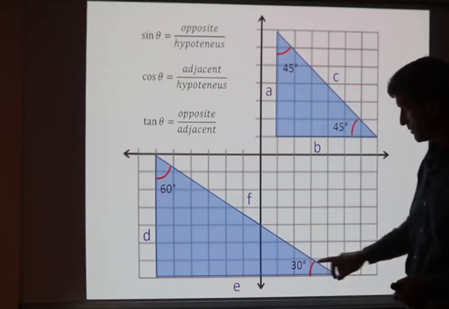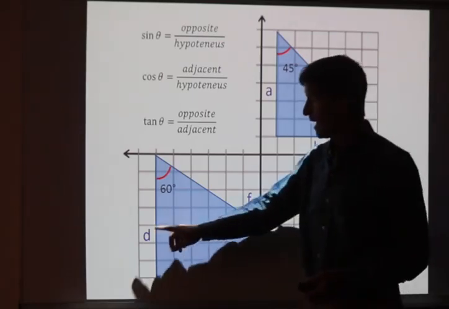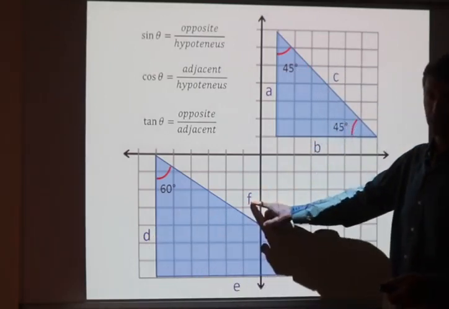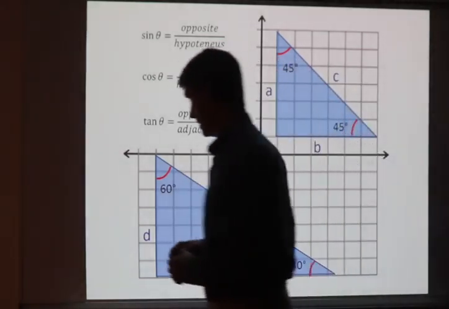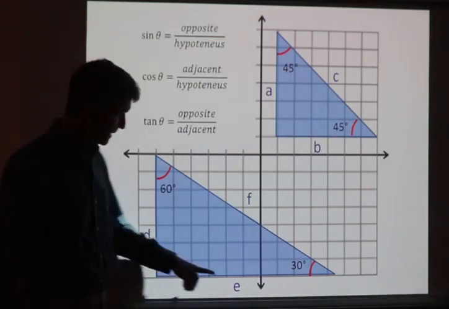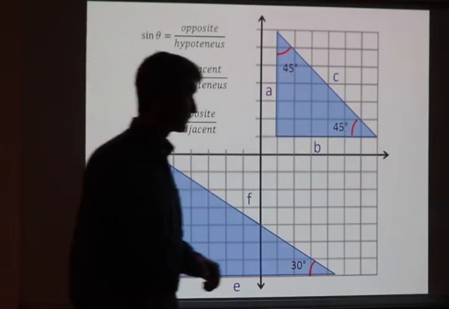So for instance, when you're doing the 30 degree angle, this is the opposite side, this is the hypotenuse, this is the adjacent side. For the 60 degree, D becomes your adjacent, E becomes your opposite, and F still remains your hypotenuse.